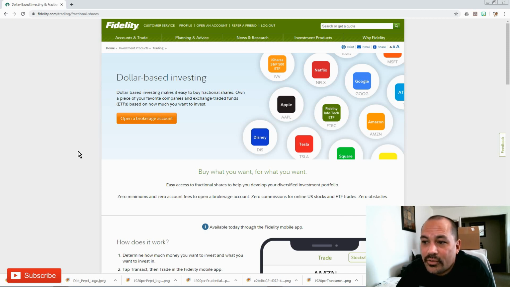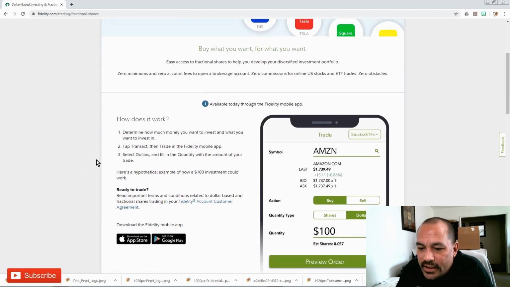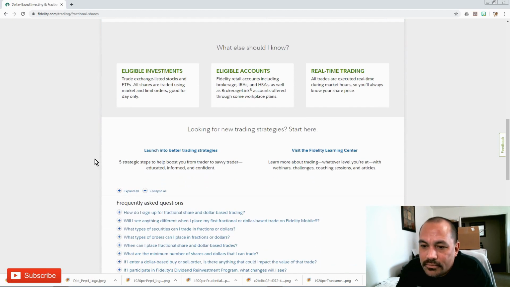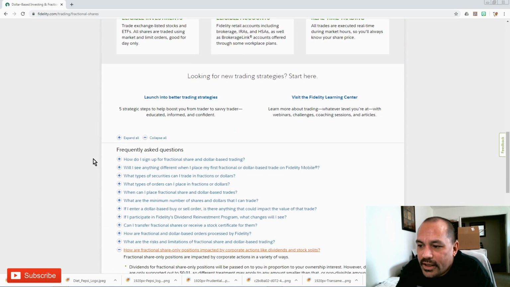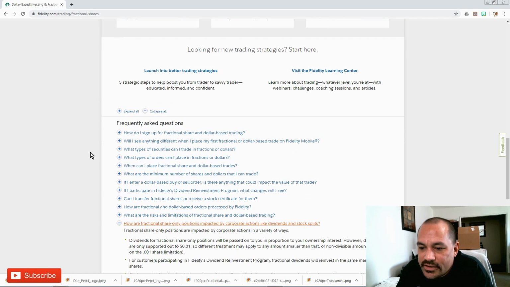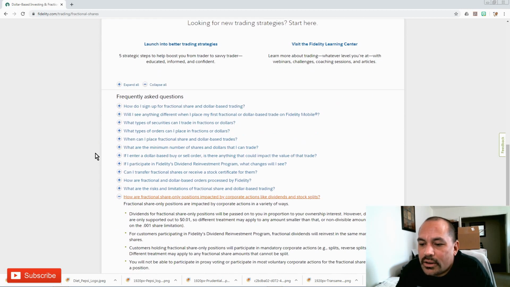With M1 Finance, if you get a 50-cent dividend, it's going to sit there in the cash portion of your account until you either put in $9.50 to reach the $10 minimum, or it's just going to sit there and not reinvest at all. So that is the difference in how the dividends are handled between M1 and Fidelity.